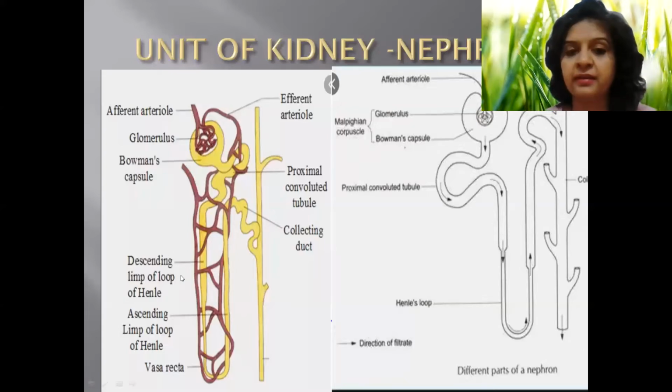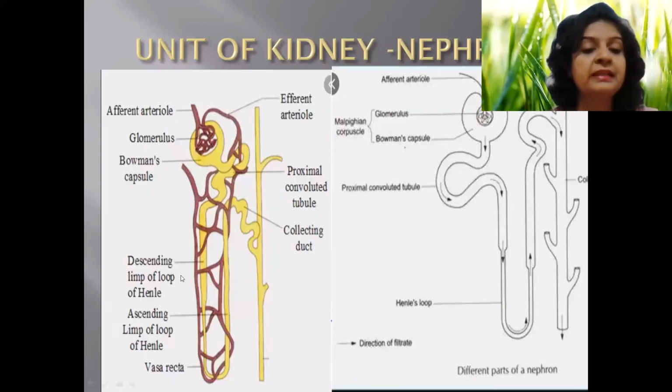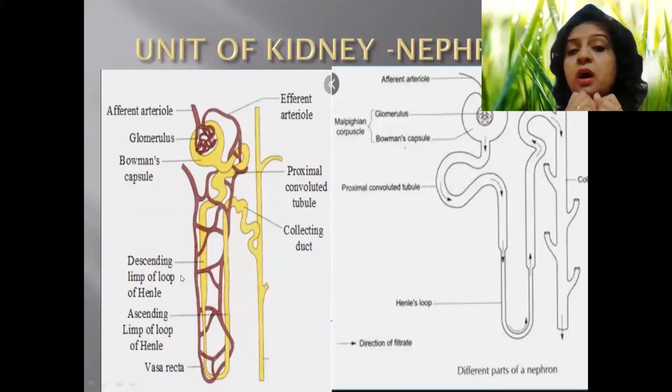Limb means hand, and descending means downwards. Then comes a U-shaped bend which is now going up. This upward movement is known as the ascending limb of the loop of Henle, which joins together to the distal convoluted tubule.